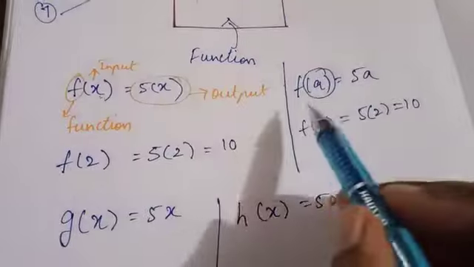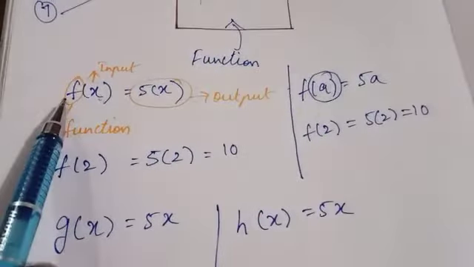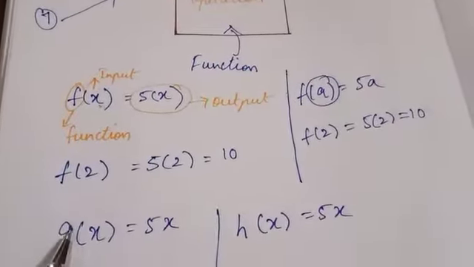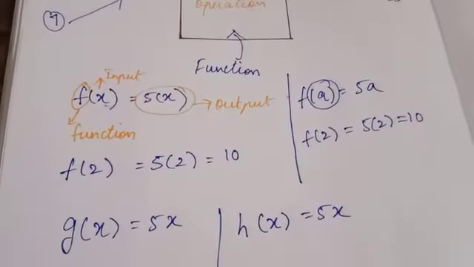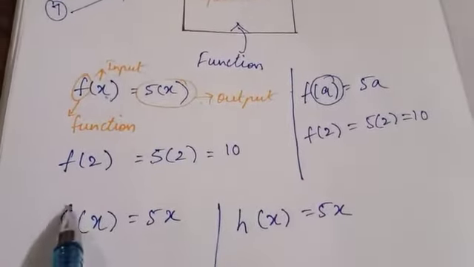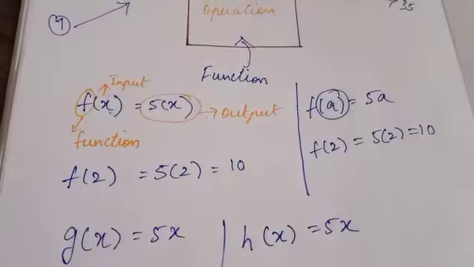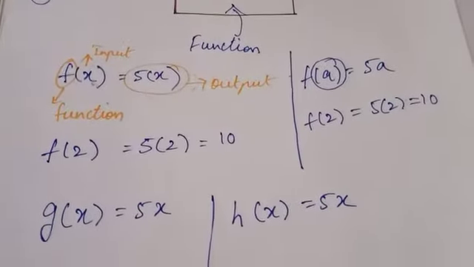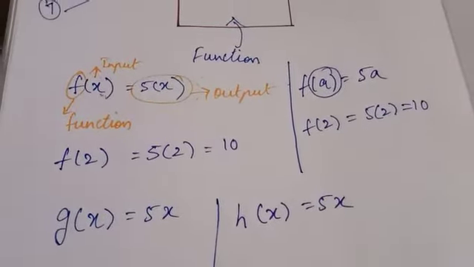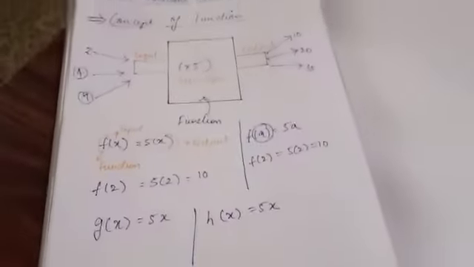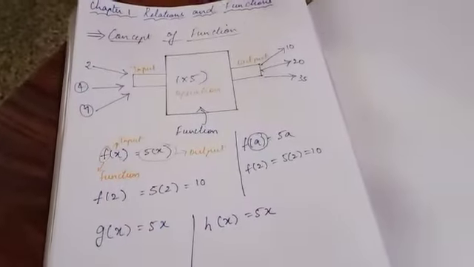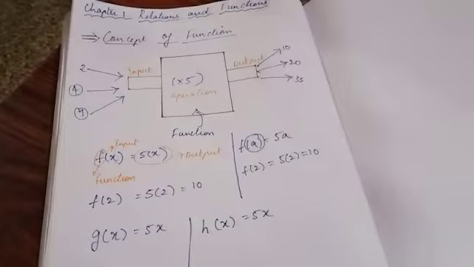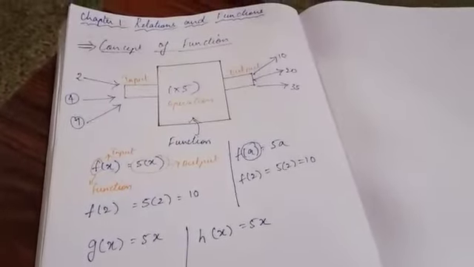So it is not necessary that a function must be f. It can be g or h or anything. So you don't get confused if the function is labeled with some other alphabet. Understood, students? So this is the concept of function. Next we'll move on to the definition of function.